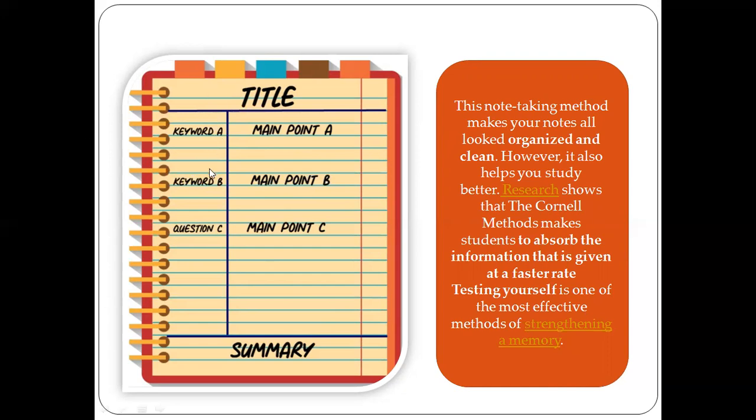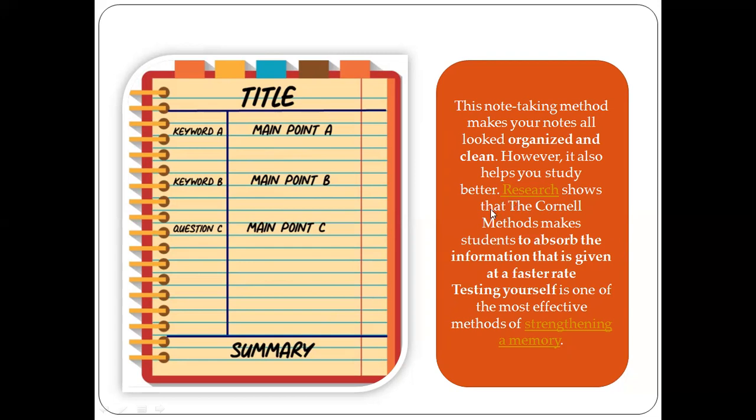You know what is useful about this method? Here you can see the separation of ideas and information between them. It helps to formulate your opinions and your ideas as well. This note-taking method makes your notes look organized and clean. However, it also helps you study better.